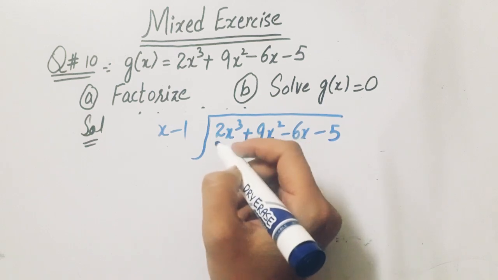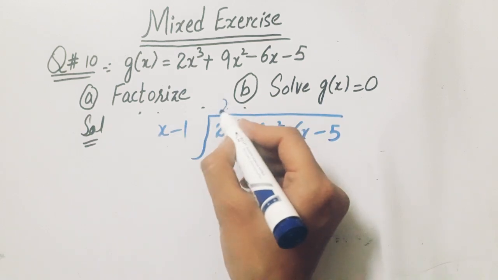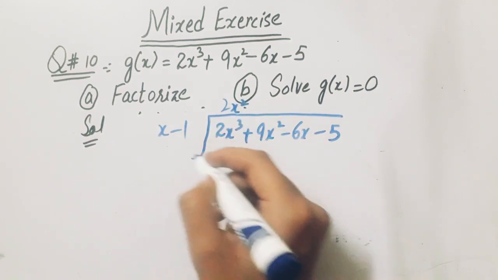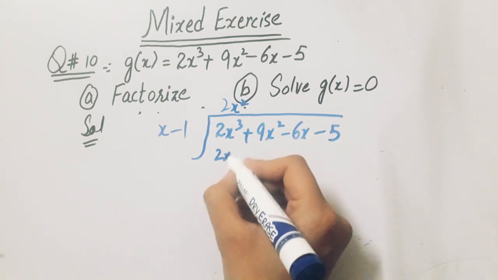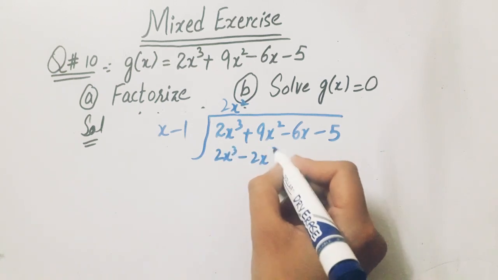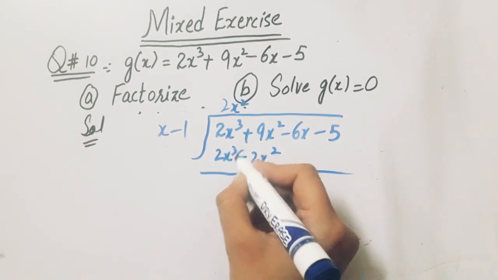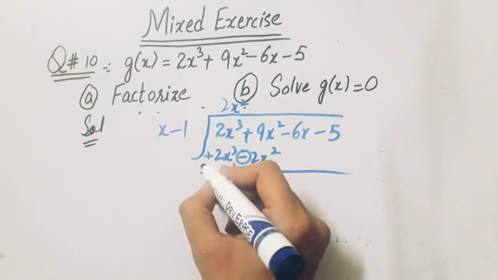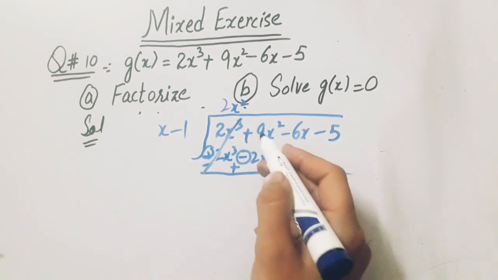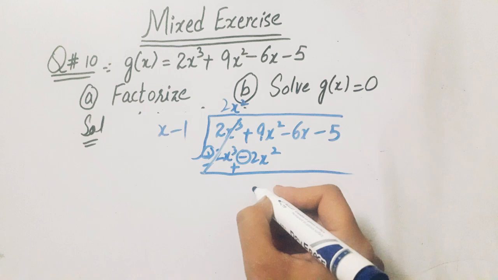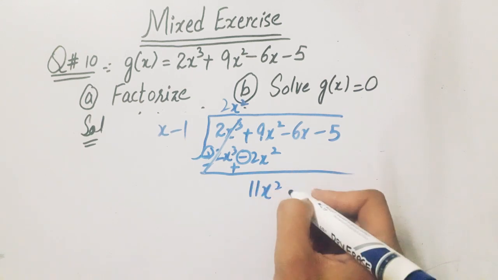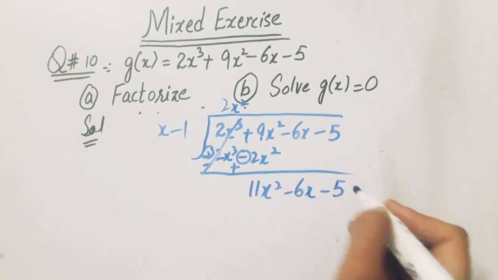First of all, to make 2x cube, we will multiply x by 2x square. So 2x square into x is 2x cube minus 2x square. Change the old signs and get the new signs. So 9 plus 2 is 11, 11x square minus 6x minus 5.